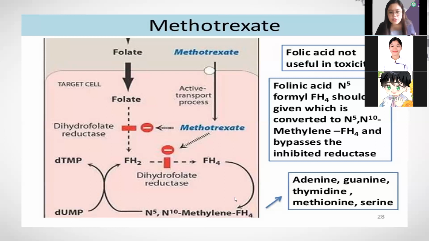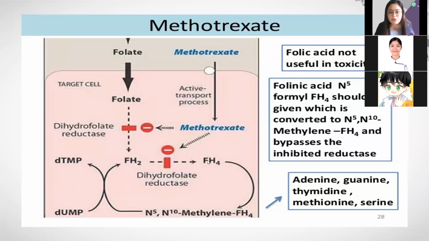Okay? Actually, this FH2, even without the dihydrofolate reductase, will have an action, but it's more on the DUMP and the DPMP, though we will discuss that later because the action is different. There are other drugs that take action on this part, the DUMP and DPMP.